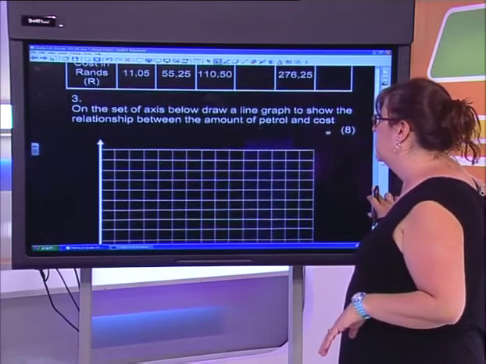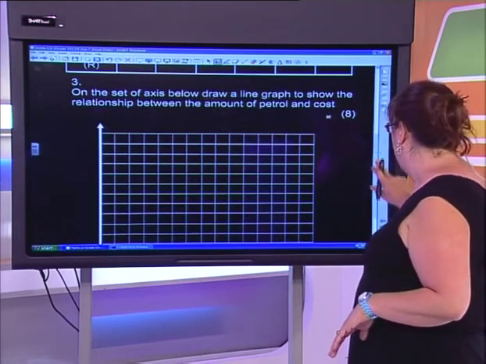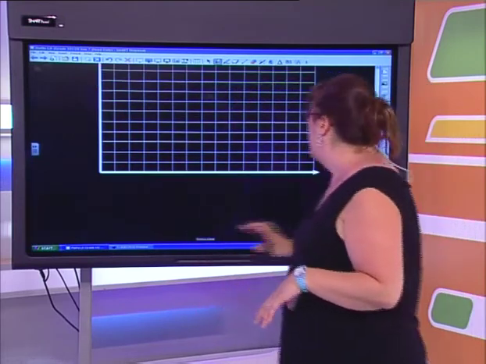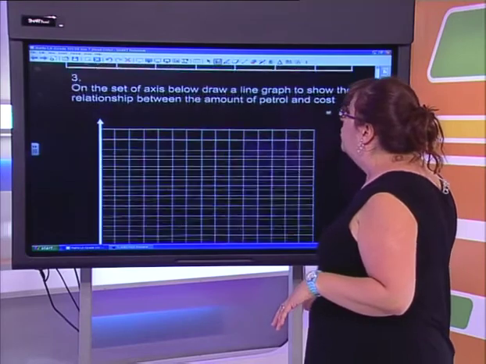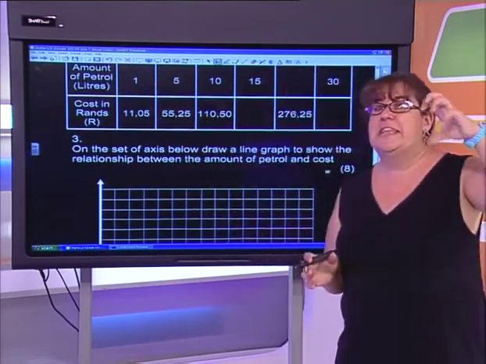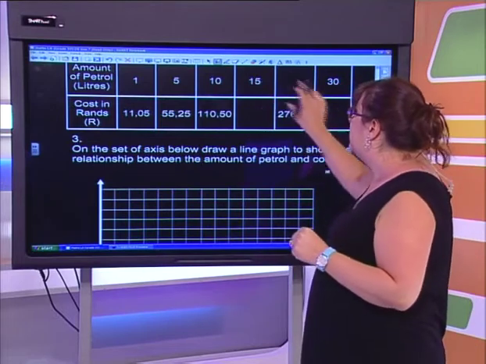Right, what I want to show you quickly is if I can find the graph paper, because it does ask us to draw the graph. If I can find the graph paper, so we probably won't get time to draw it. On the graph paper, I want you to try and graph the values that they give you. So we've done these calculations.